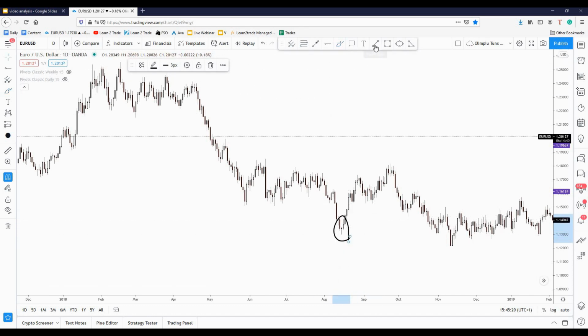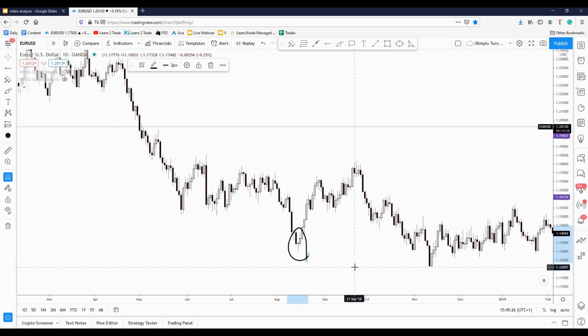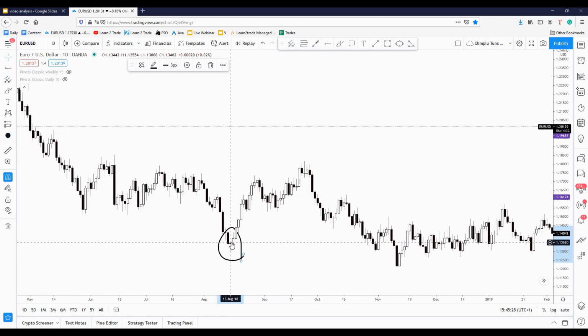So we had a downtrend here, a downside movement, and the price has printed this one here. It was followed by a bullish candle, signaling that the price could increase again.